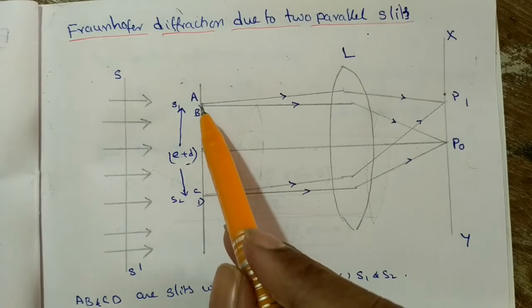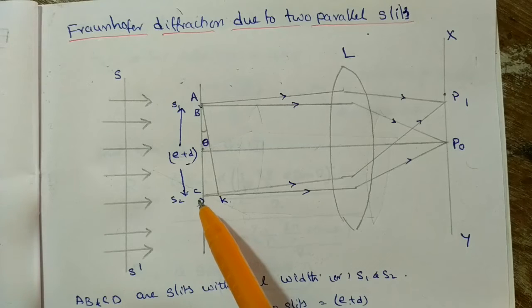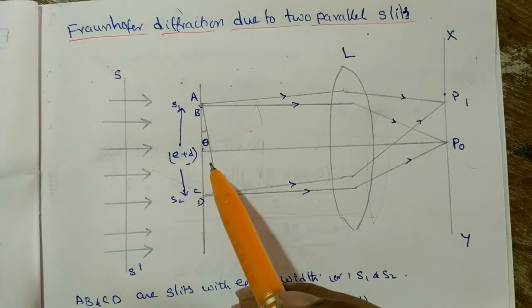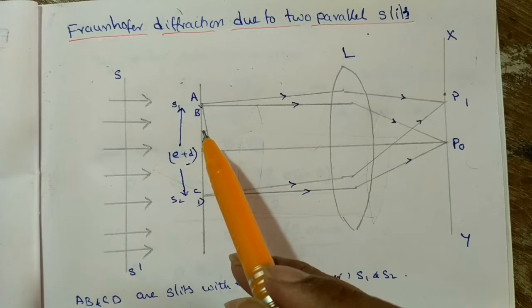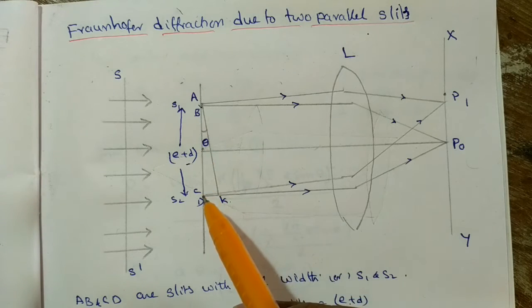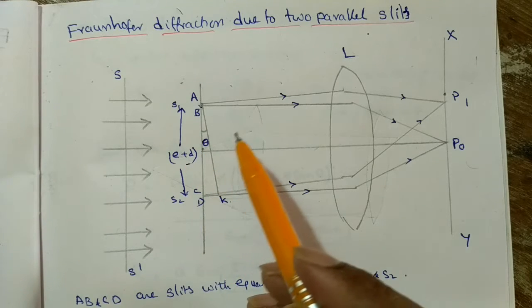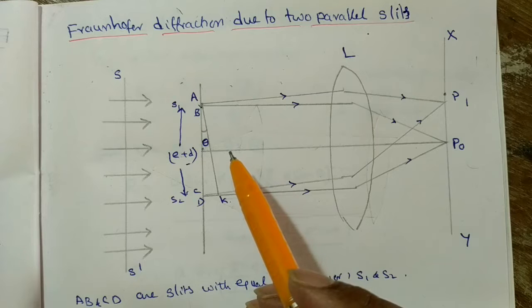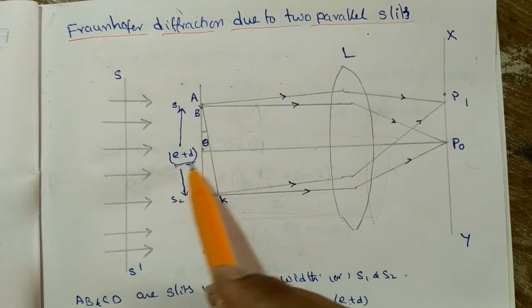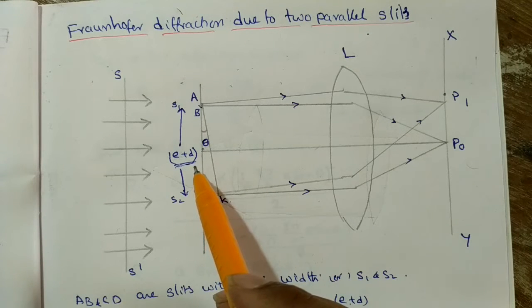That means from the midpoint of the first slit to the midpoint of the second slit is e plus d. The gap between the two slits is d, and e is the slit width. This is the grating element, e plus d, in the case of a grating with N slits.